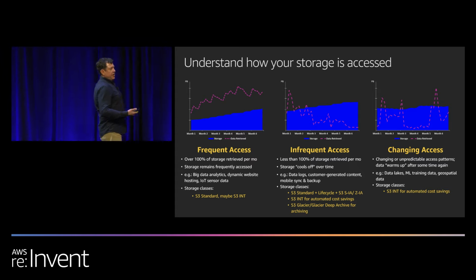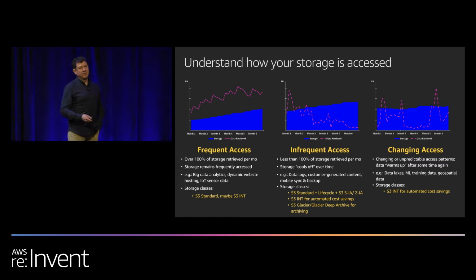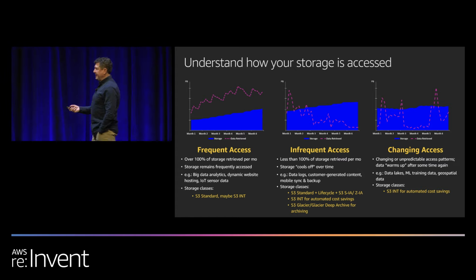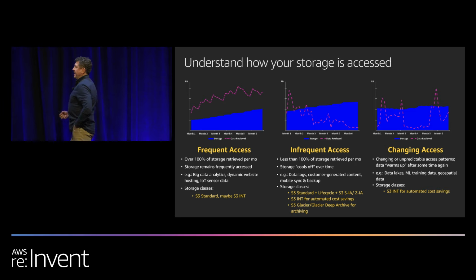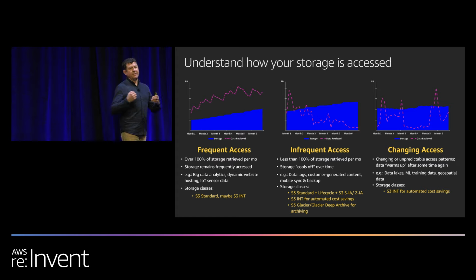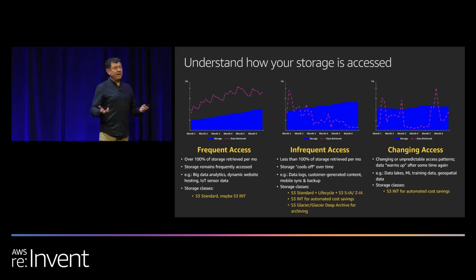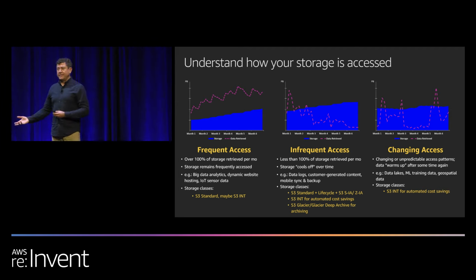The final one is the changing access pattern. And the best example is data lakes. It's a prominent use case we see on S3, and it's one of the main reasons we developed S3 Intelligent-Tiering. This is because you have changing and unpredictable access patterns. You have data coming from many different sources, many different agents writing into that data lake, many different applications accessing that data lake, and perhaps even users doing ad hoc queries against that data.